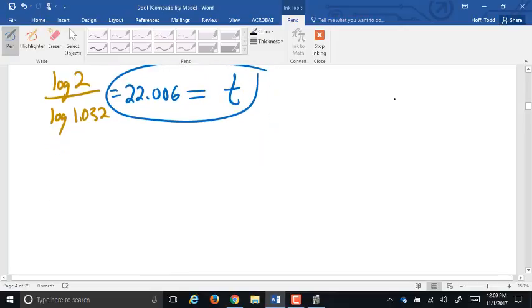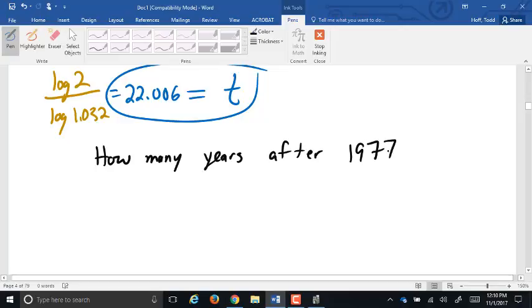So what I want you to do is solve this. How many years after 1977 did the tuition reach $42,000?